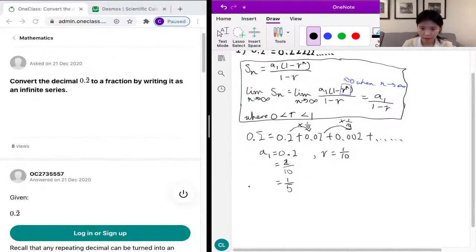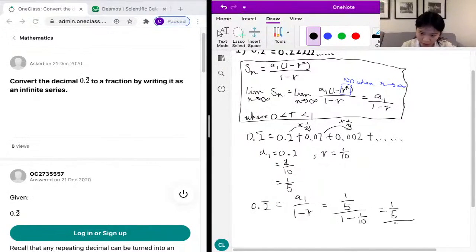So the sum of this geometric series is A1 over 1 minus R, which equals 1/5 over 1 minus 1/10, which equals 1/5 over 9/10, which equals 1/5 multiplied by 10/9.